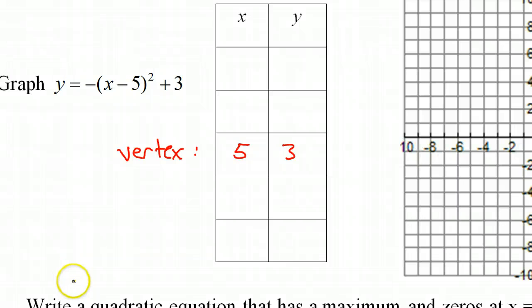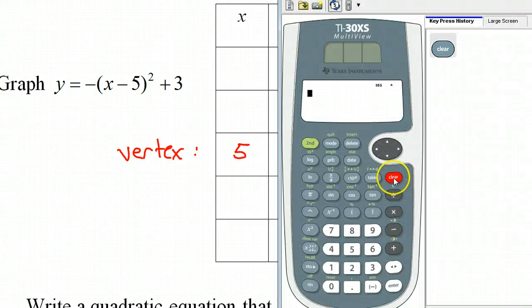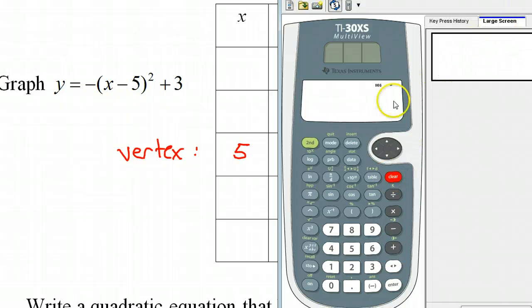using our TI-30XS MultiView. So you hit the table button on your calculator, and I see somebody's already been doing equations like this. And we're just going to type this in. This negative sign, make sure you use the white minus key.